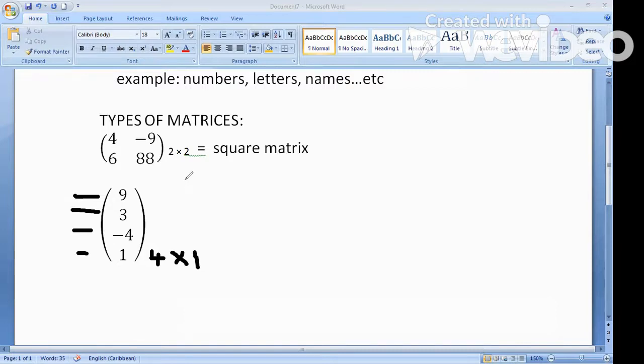Everybody see that? It only has 1 column but 4 rows: 1, 2, 3, 4. So this matrix is actually called a column matrix.